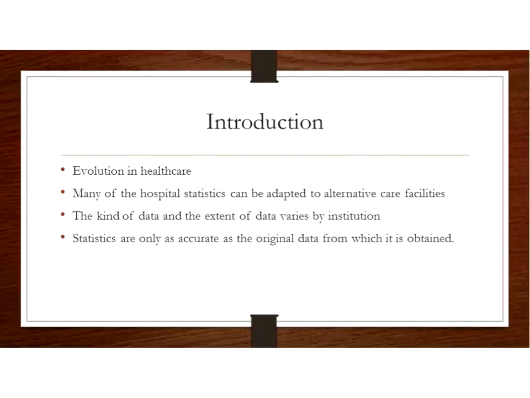The kind of data and the extent of the data that we collect is going to vary by the institution. Institutions service different types of patients, they provide different types of services, and so they're going to have different needs. Because of those different needs, they're going to need different kinds of data and to different extents.